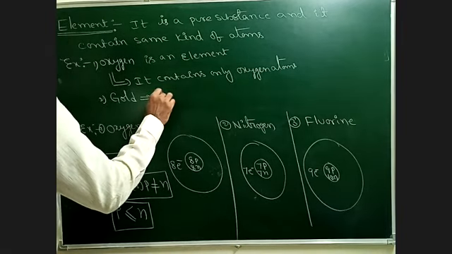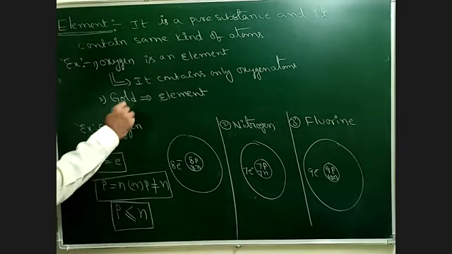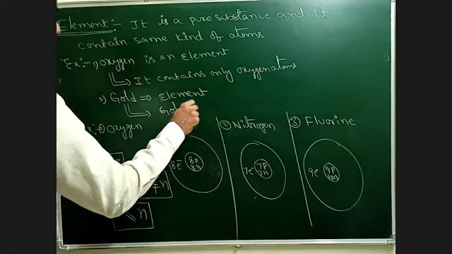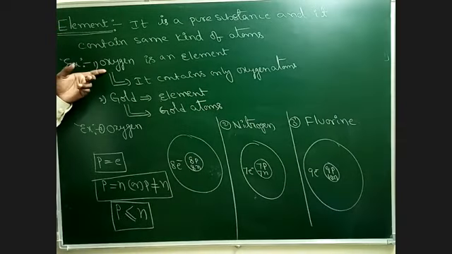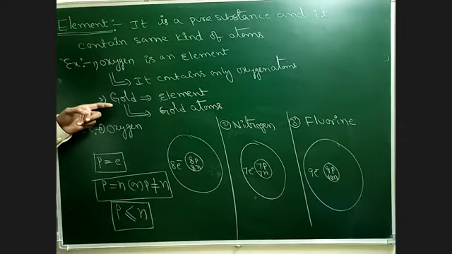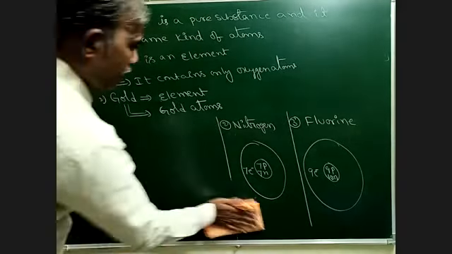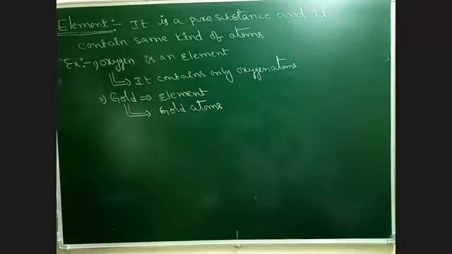It is an element. It contains gold atoms. Oxygen contains oxygen atoms. Gold contains gold atoms. So in conclusion, what are there in elements? Atoms. In element, atoms are there.